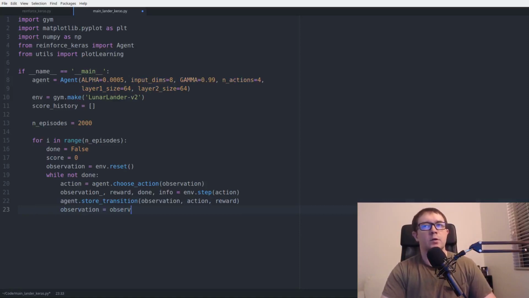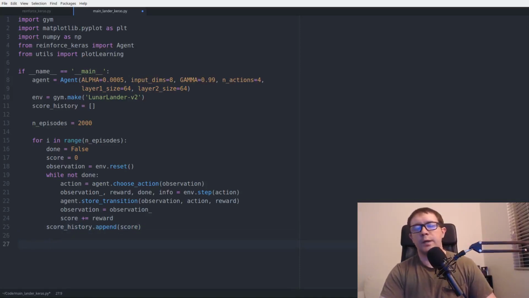Observation equals observation_, score plus equals reward, score_history.append(score). I don't think in this case I return anything, so it's agent.learn.